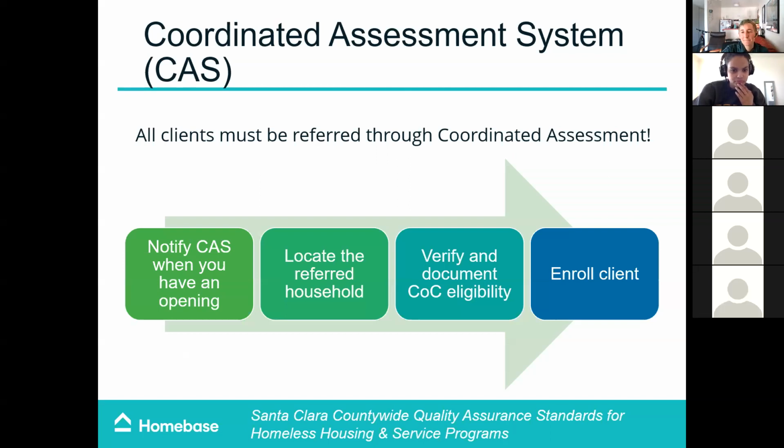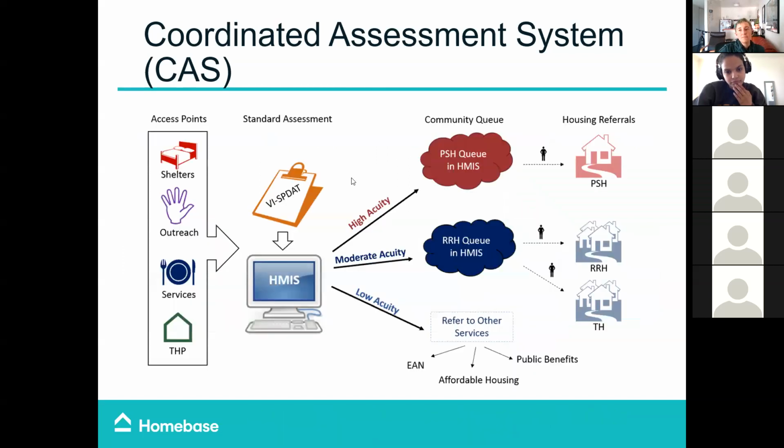Quick question. All this coordination is happening through HMIS, right? Yes, a lot of it, in that all of the information about people who are assessed goes into HMIS. That information is held in HMIS.